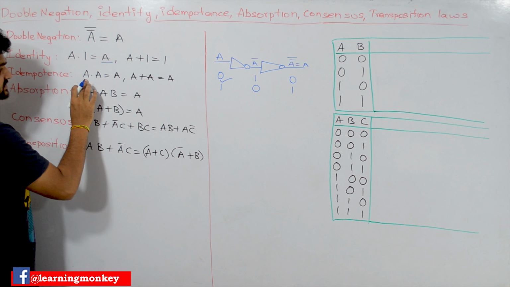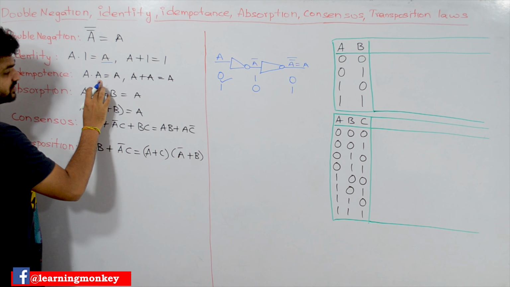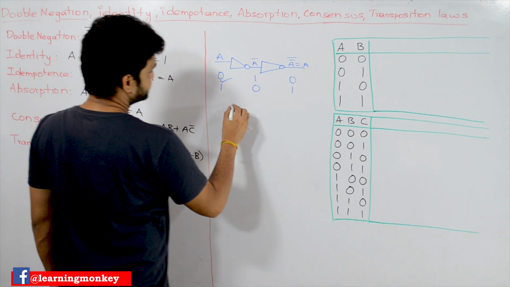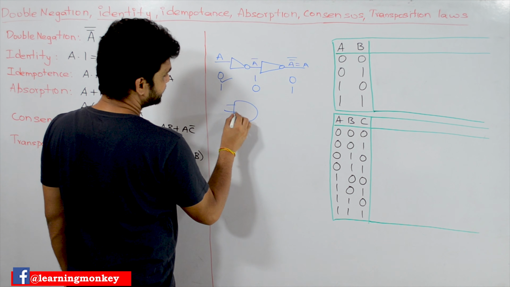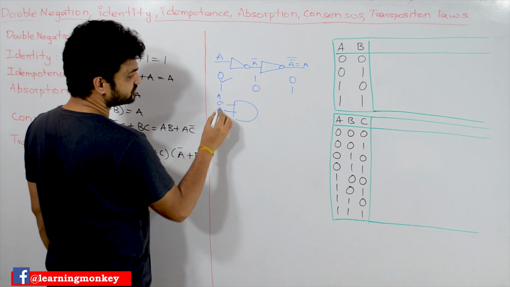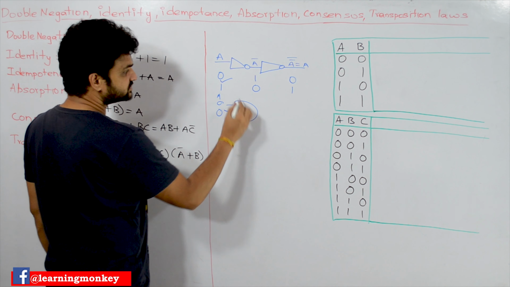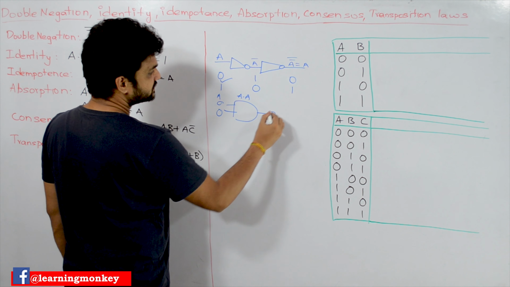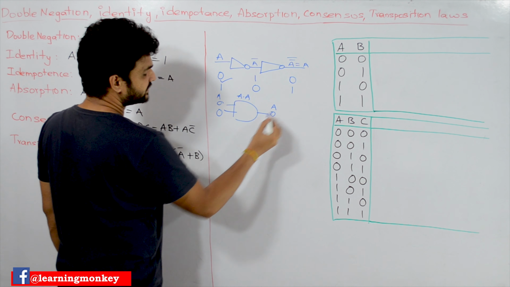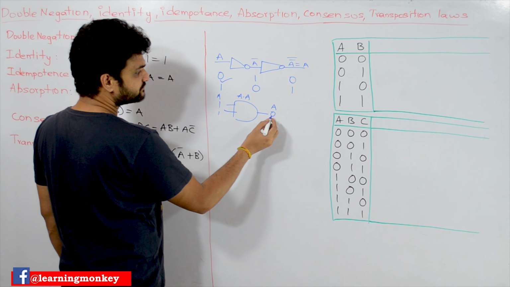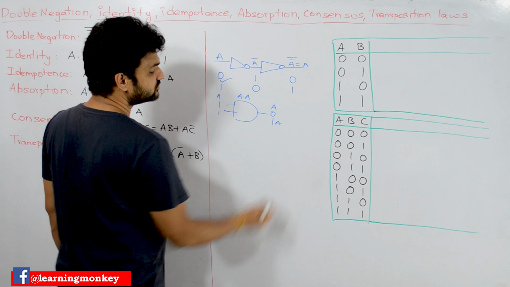What it states is a dot a is equal to a, and a plus a is equal to a. For example, if you take an AND gate with a as 0, 0 and 0 generates 0, which is a. If you take 1 and 1, it is 1, which is again equal to a.